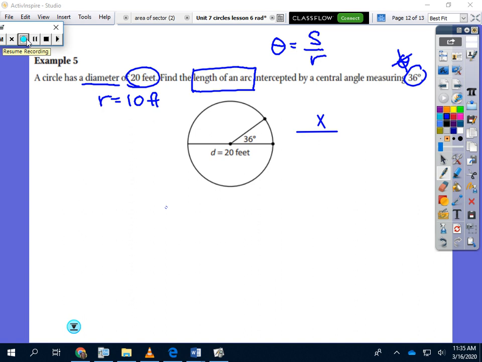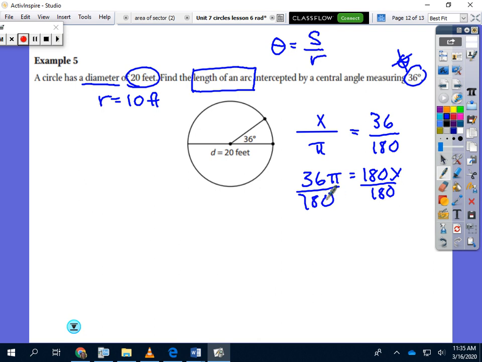Okay, so x over pi is 36 over 180. So I've got 36 pi equals 180x. If you haven't figured it out yet, the answer is just going to be this reduced with a pi on top.